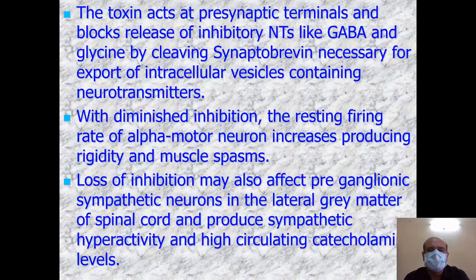The toxins act at presynaptic terminals and block release of the inhibitory neurotransmitters GABA and glycine by cleaving synaptobrevin, necessary for export of intracellular vesicles containing neurotransmitters.